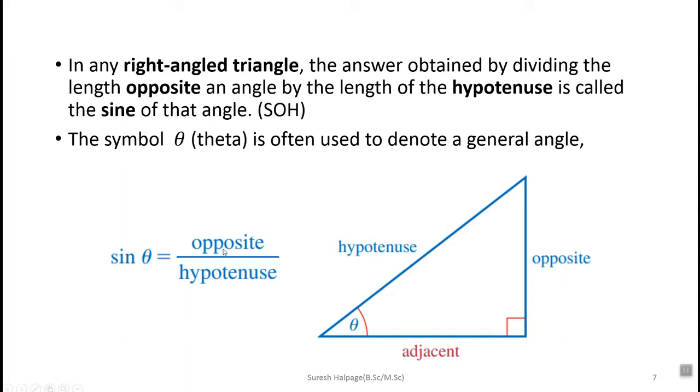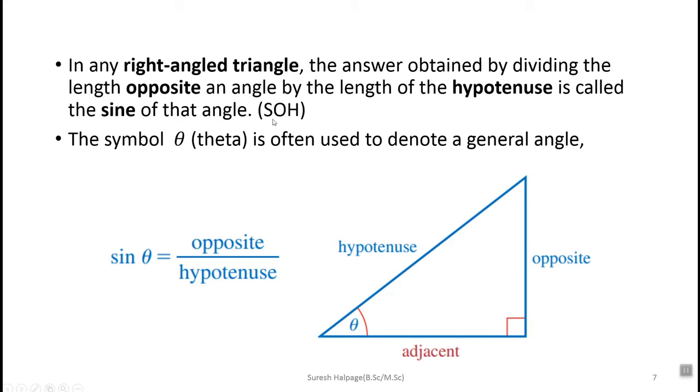Sine theta is opposite divided by hypotenuse. So this is the definition. Sine theta equals opposite divided by hypotenuse.